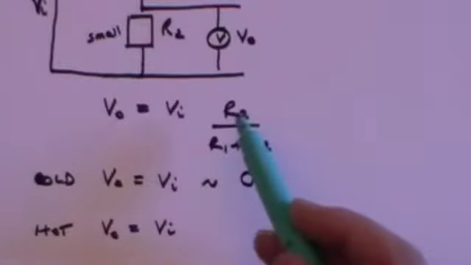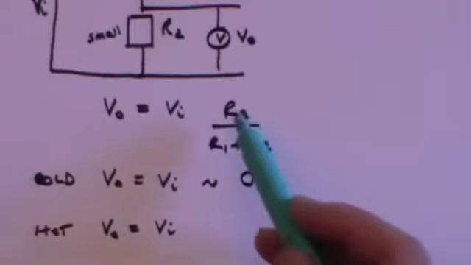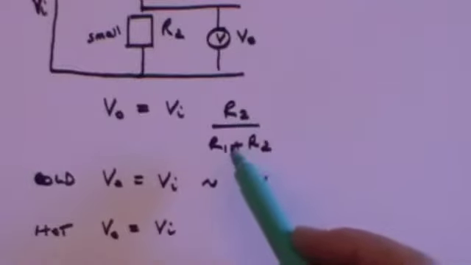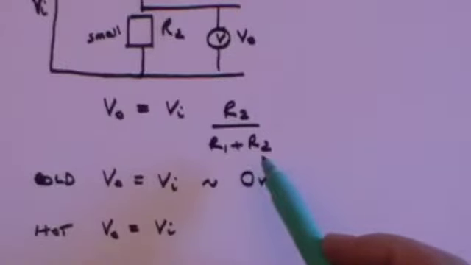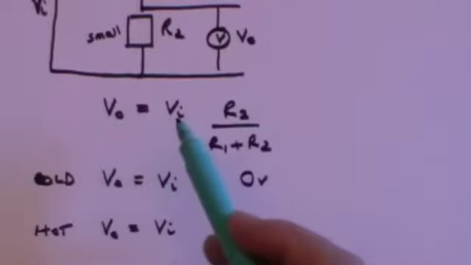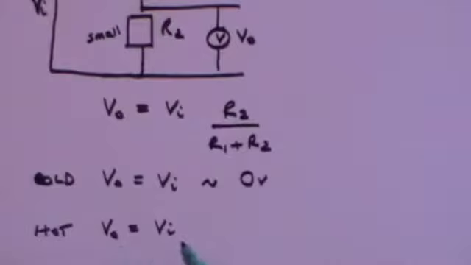In essence, you've got R2 divided by a number very close to R2, because R1 is making virtually no impact. R2 over R2 is 1. Consequently, the output voltage will equal the input voltage times 1. So V out, the output voltage, equals V in, the input voltage.